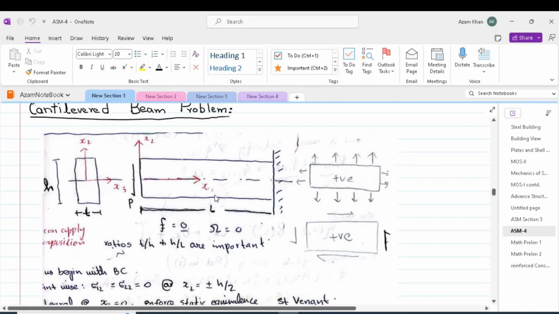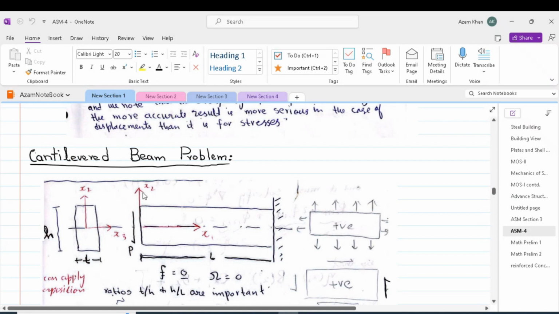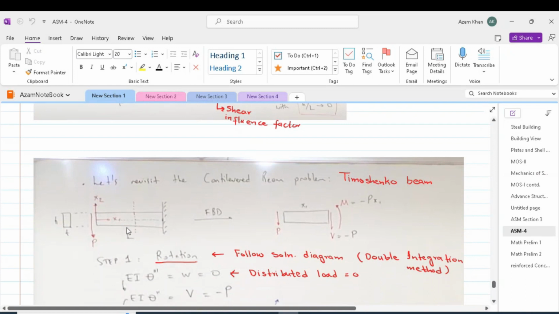Now let us try to revisit our cantilever beam problem and implement the Timoshenko beam theory. So we have a cantilever beam of length L having load P applied at the free end. The coordinate system is similar to what we did before, x1 along a horizontal axis, x2 along vertical axis, and the origin at the free end.